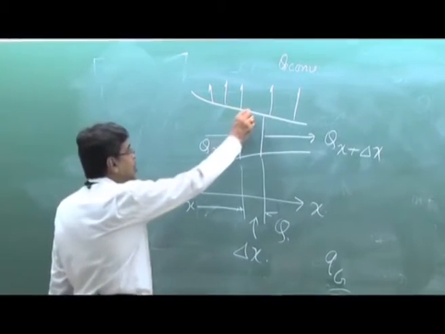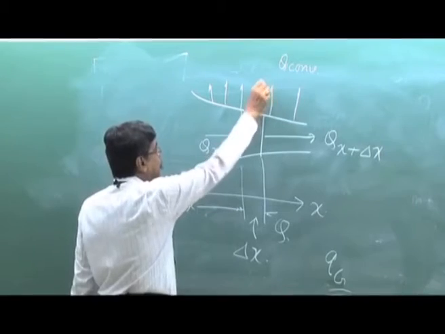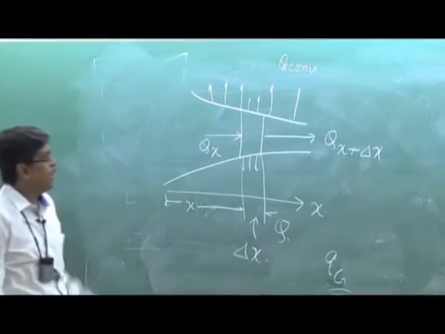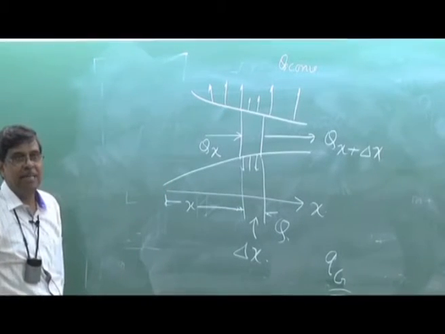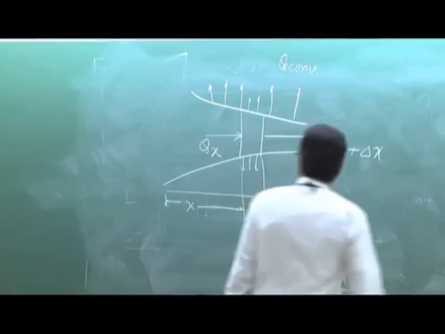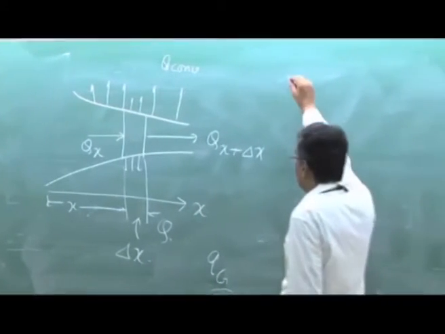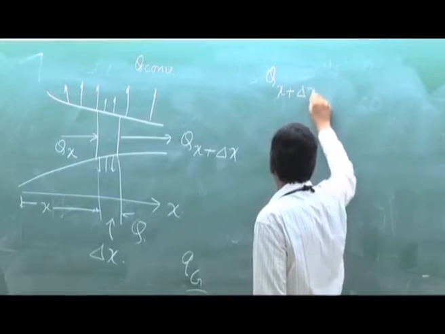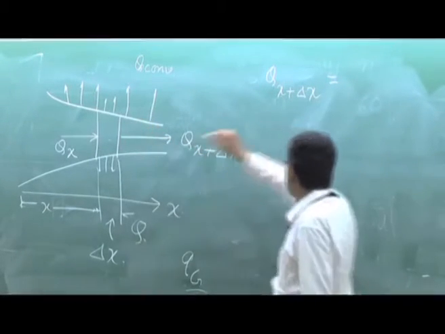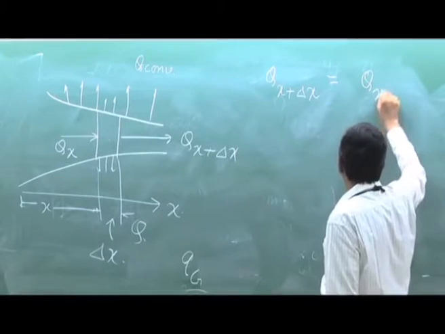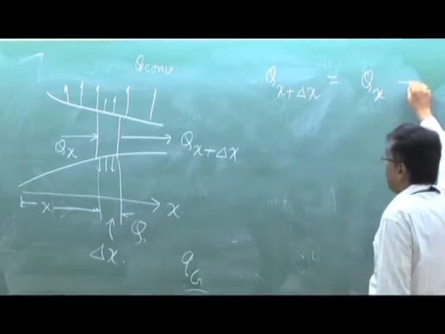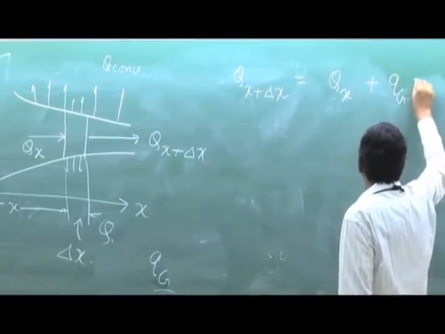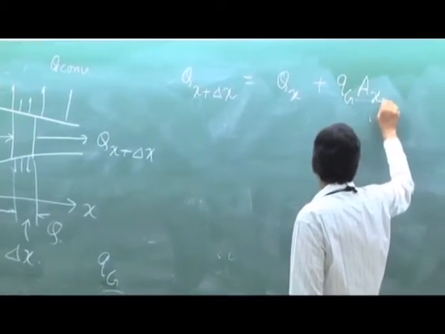And also there is the convective heat transfer, as I have shown you, Q convection from the lateral surface. Now if I have to write the energy balance, then I can write that Qx plus del x, which is coming out from this section, is equal to Qx plus Qg into the area Ax.